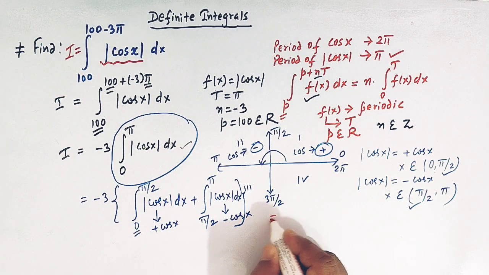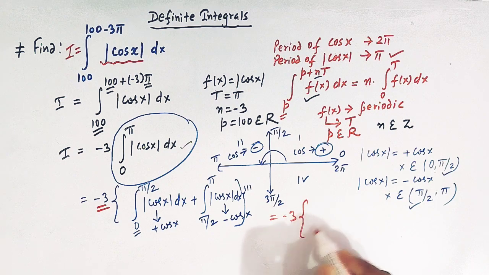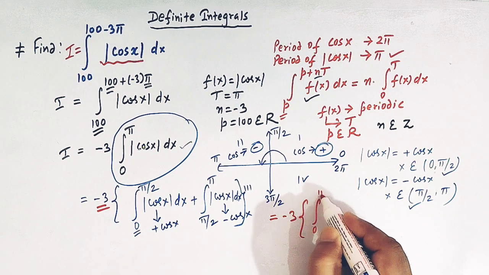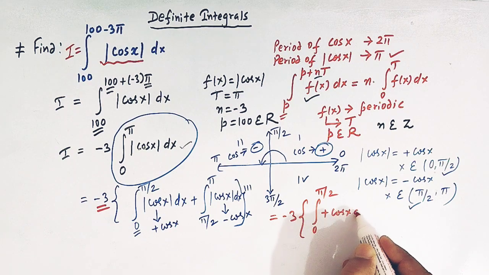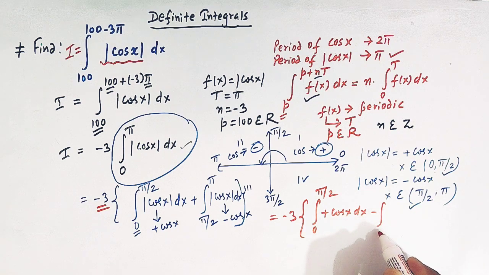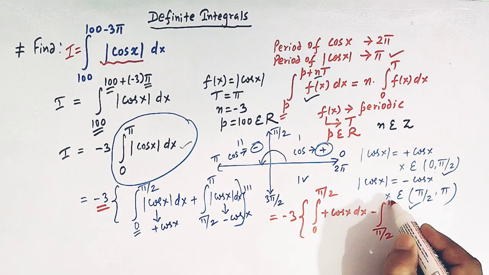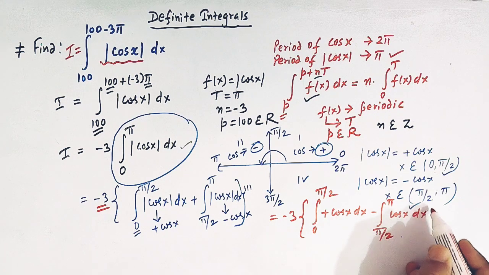So now we have minus 3 times the integral from 0 to pi by 2 of cos x dx, and minus the integral from pi by 2 to pi of cos x dx.